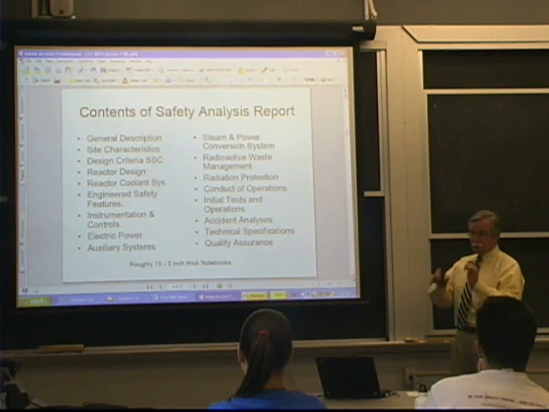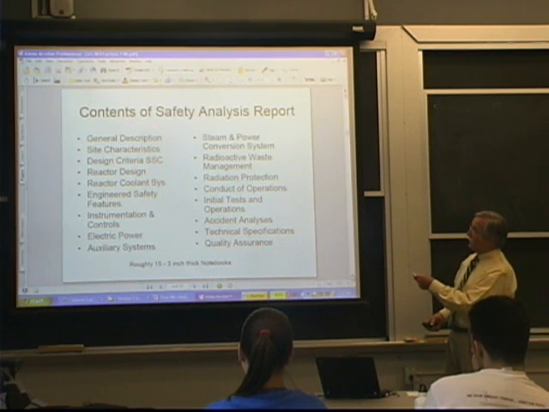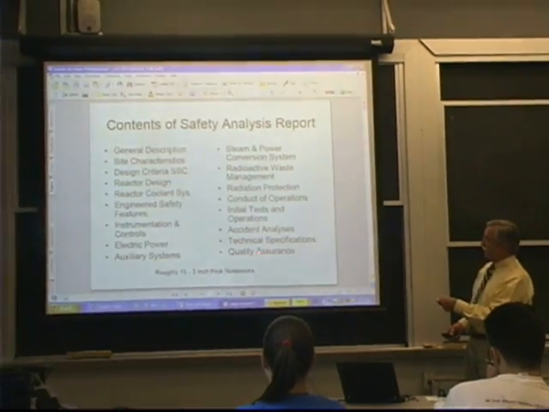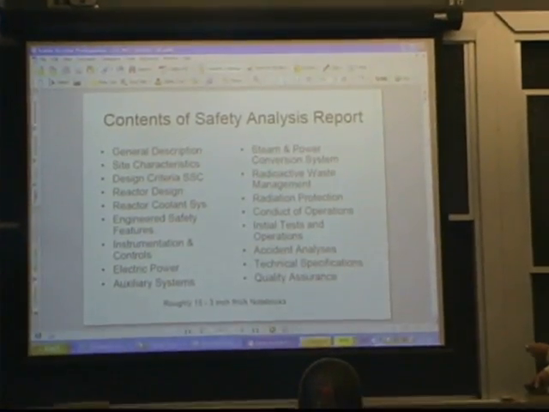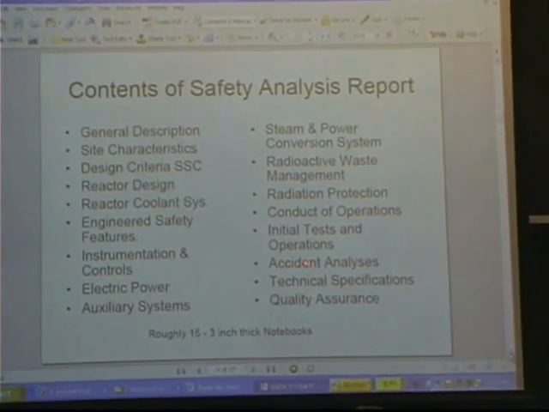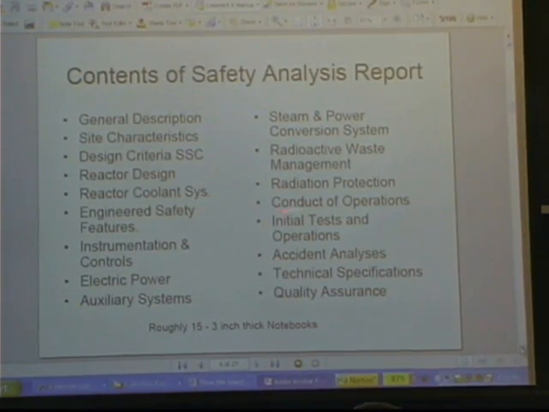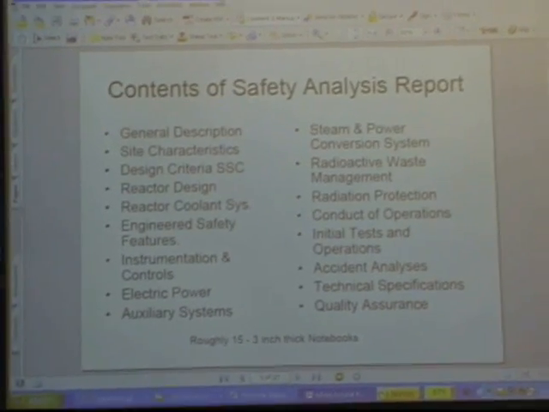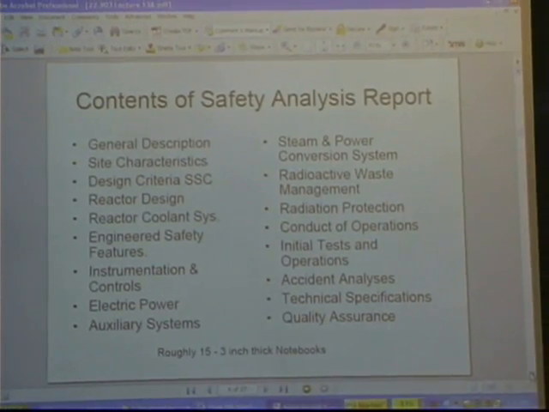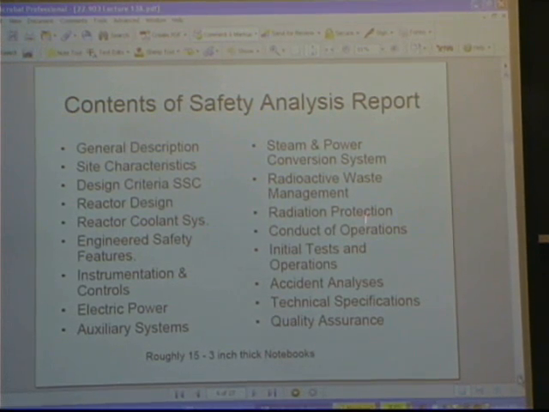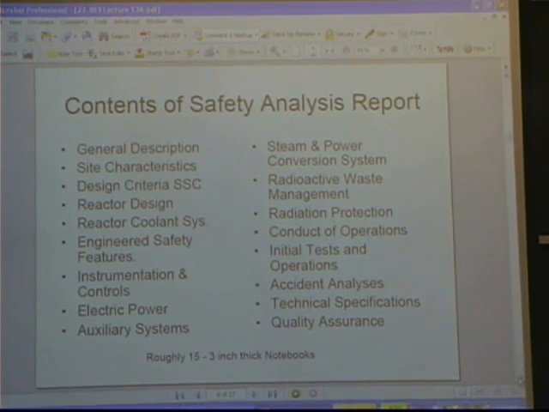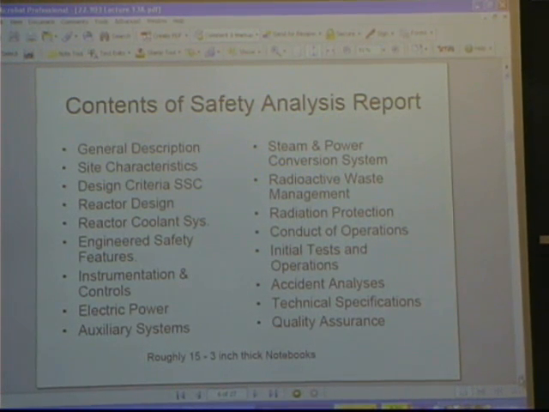And the safety analysis report, I think I showed you before, contains all of this information that describes the plant, including the quality assurance requirements, and ends up with technical specifications based on the accident analysis. And then you have initial tests that you're going to use to confirm that the reactor is in fact operating as it's supposed to be. All of this is specified in that Code of Federal Regulations.